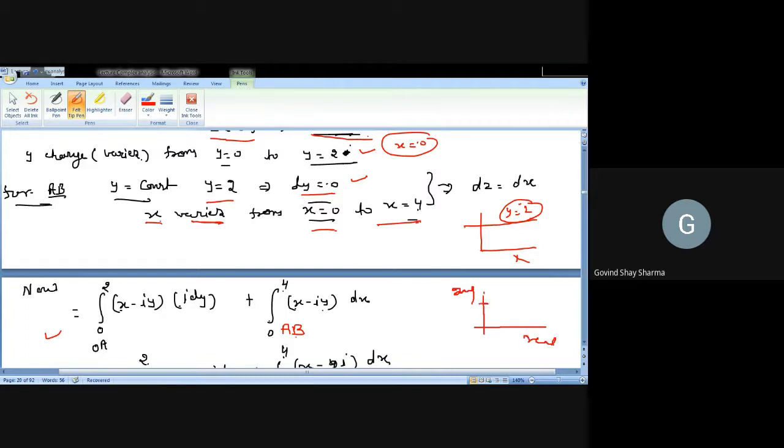Here x is equal to 0 and this line is parallel to the x-axis, so x varies from 0 to 4. So dz becomes dx, because dy is equal to 0.